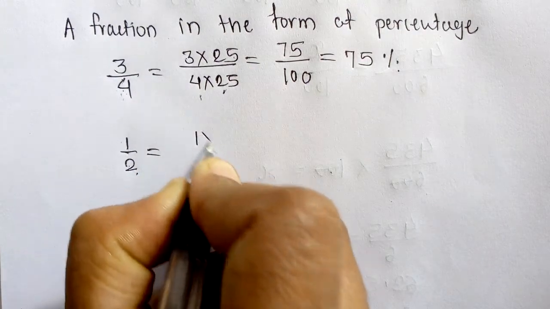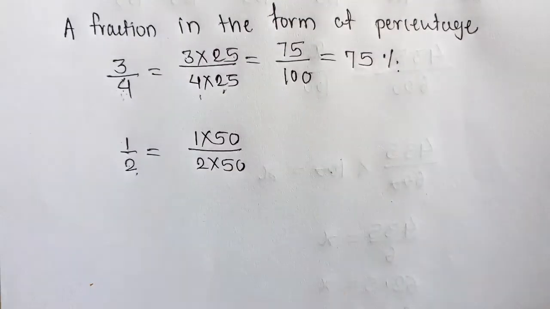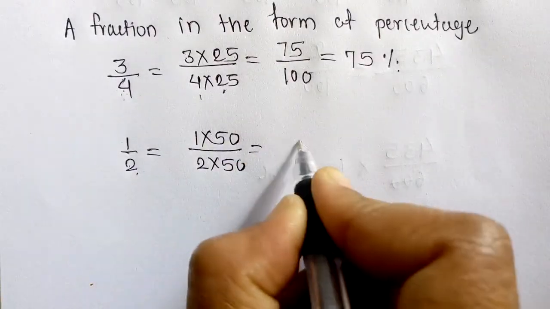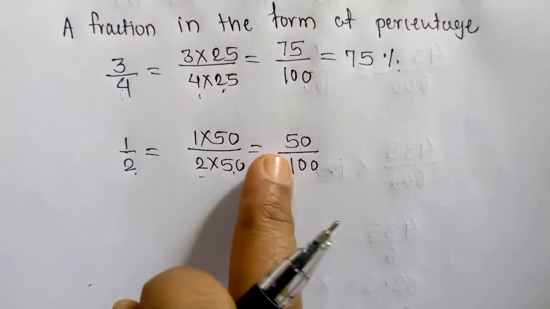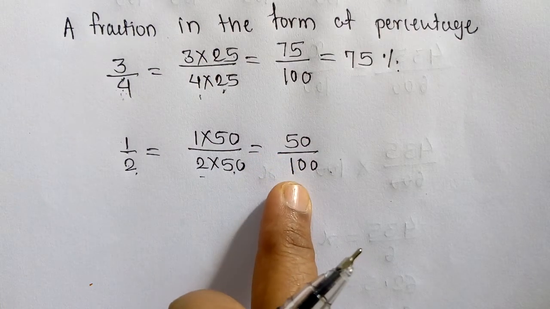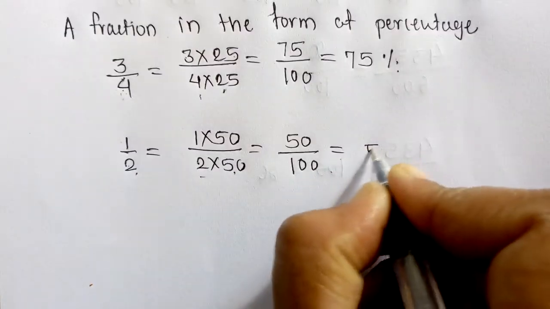So it will be 1 into 50 and 2 into 50. Simple. Now 5 1s are 50 and 5 2s are 100. So 50 out of 100. 50 out of 100 means 50 percentage. So you can write it 50 percentage.